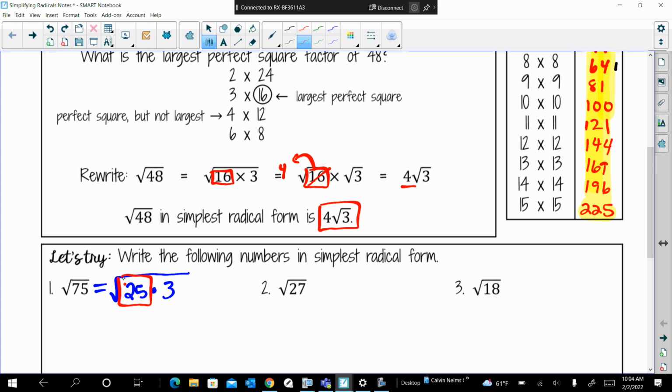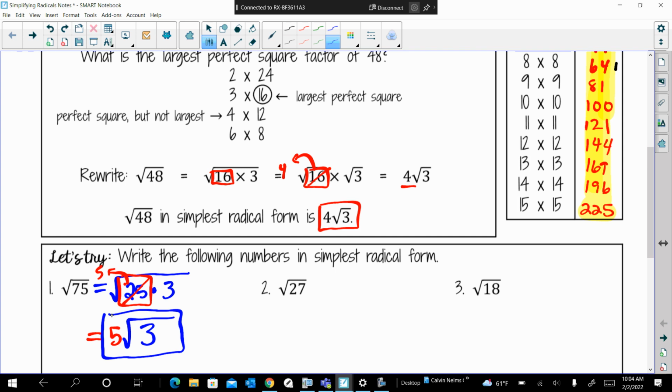What is the square root of 25? 5. So this 25 is now gone, and the 5 comes out. I'm just showing that I'm taking that number out, and it will now be in front of the radical. What's not a perfect square, what remains? 3. So that 3 is your radicand underneath the radical symbol, and that is the final answer: 5 root 3, or 5 times the square root of 3.